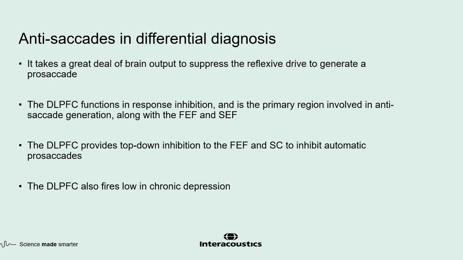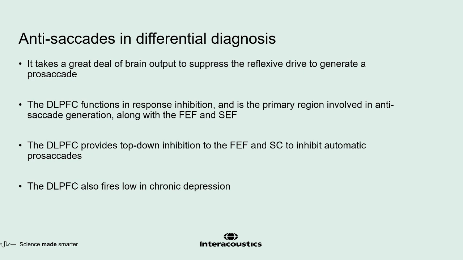And again, the DLPFC is involved in response inhibition, and it's the primary region involved in antisaccade generation, along with inputs from the frontal eye field and the supplementary eye field. The DLPFC provides top-down inhibition to the frontal eye field and superior colliculus to inhibit automatic pro-saccades. And again, the DLPFC is the primary target for excitation when somebody's got chronic depression because it fires low.